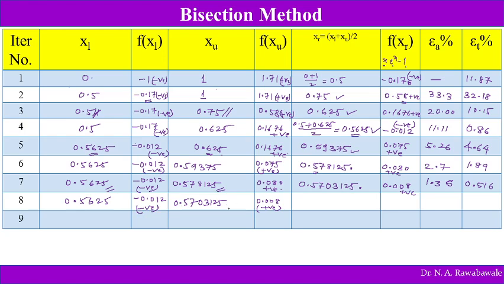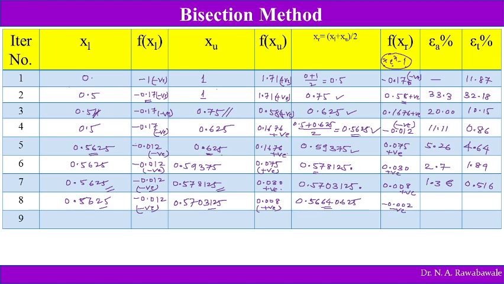So taking the average of 0.5625 and 0.5703125, we get the revised approximation as 0.56640625. Now substituting this in the function x e to the power of x minus 1, we get minus 0.002, which is negative.